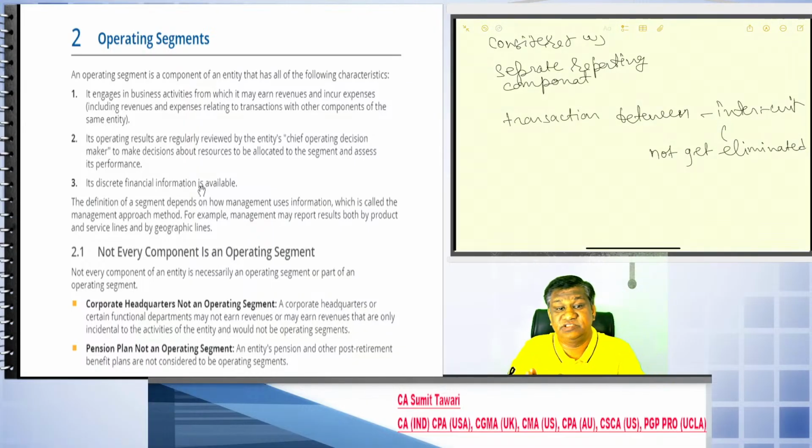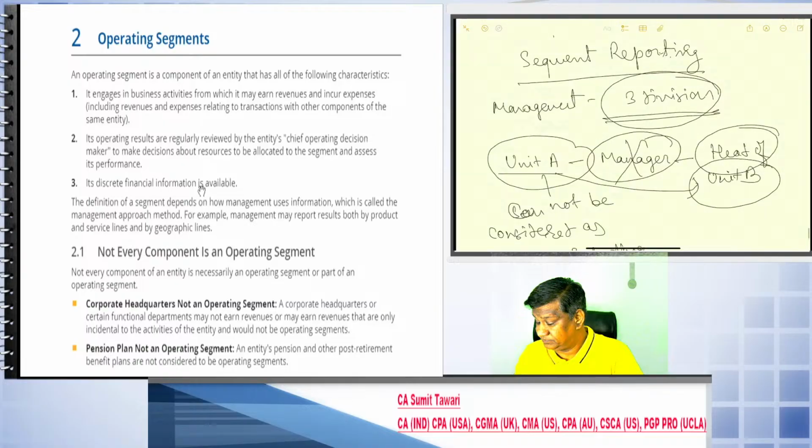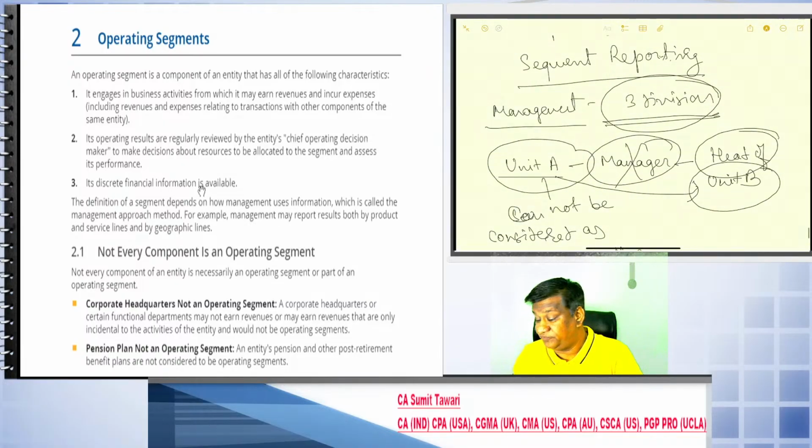Okay. So just keep in mind, as I said, if you are a decision maker, for an operating segment we need to consider where the management is tracking the profit. Okay, that only you need to consider as the operating segment.